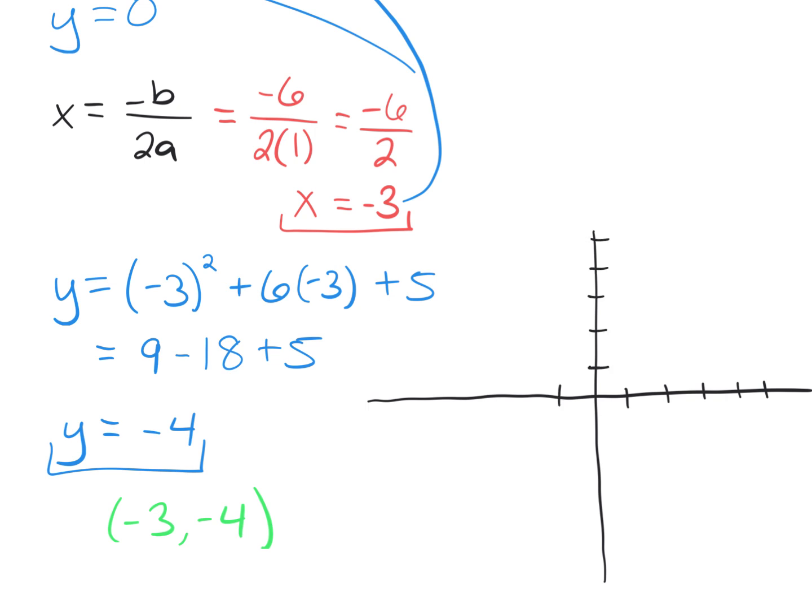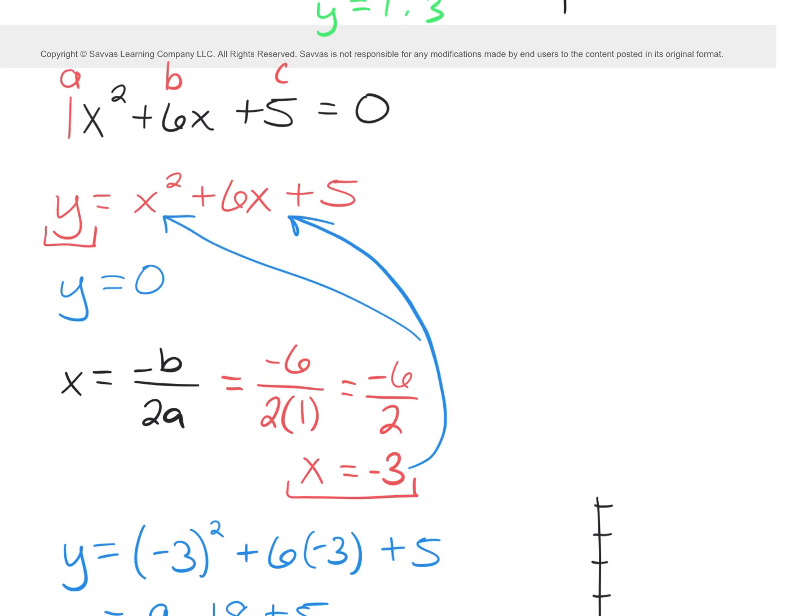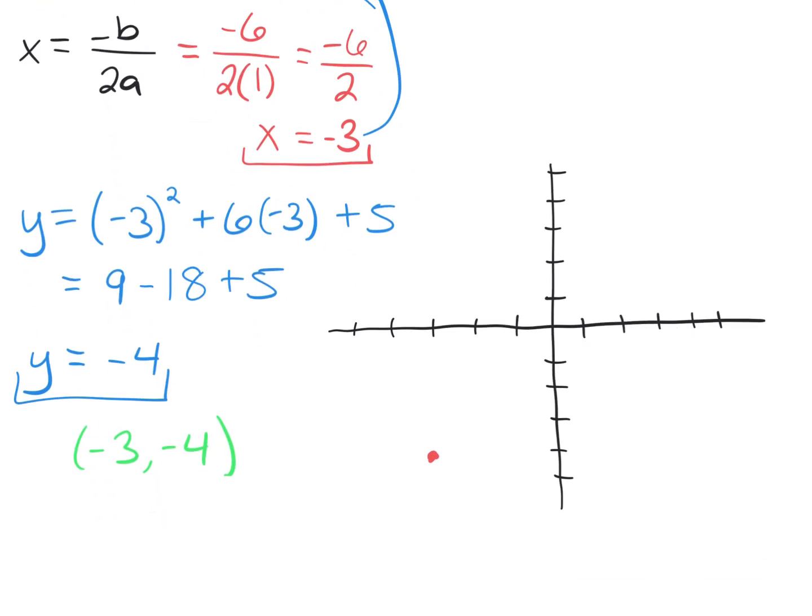So where do we start? Find -3, -4 on your paper. Now, step pattern from this point. First of all, is our parabola up or down? Up, because there's not a negative in front. So our pattern is going to go up.